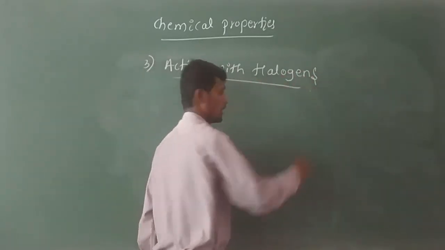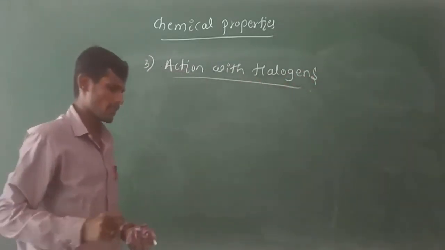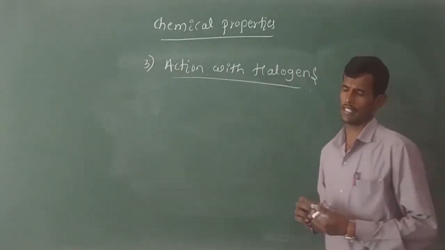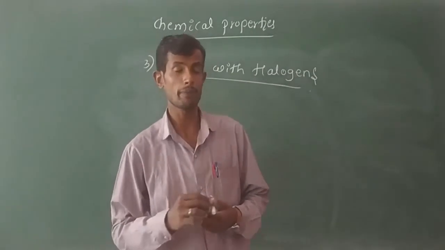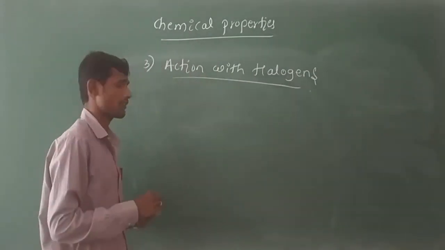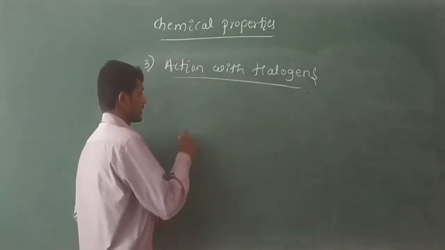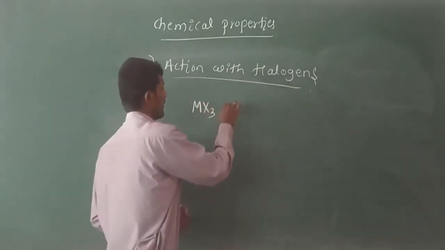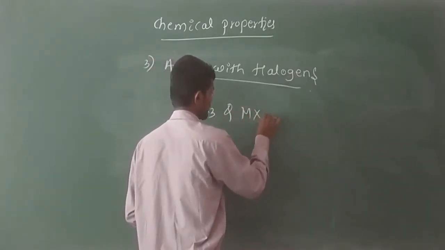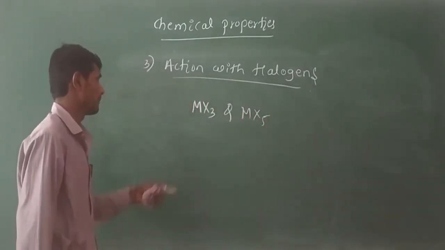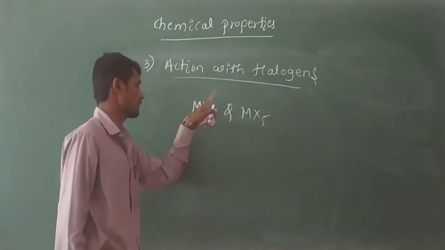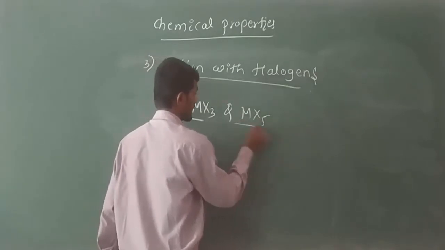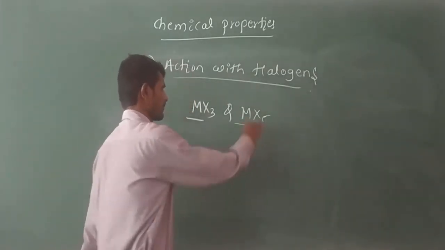Students, remember, when the 15th group elements react with halogens, the possible products are like MX3 or MX5.